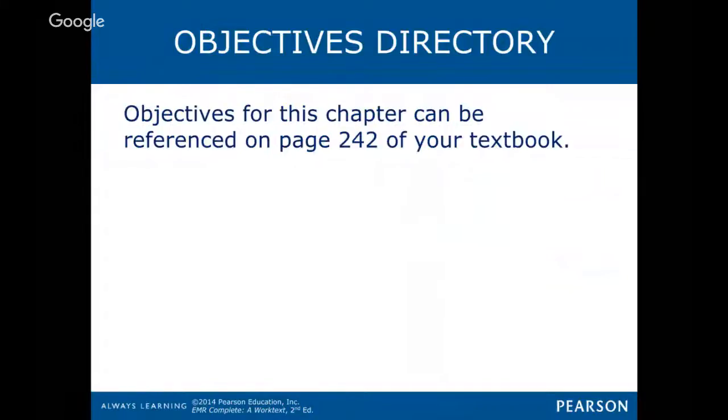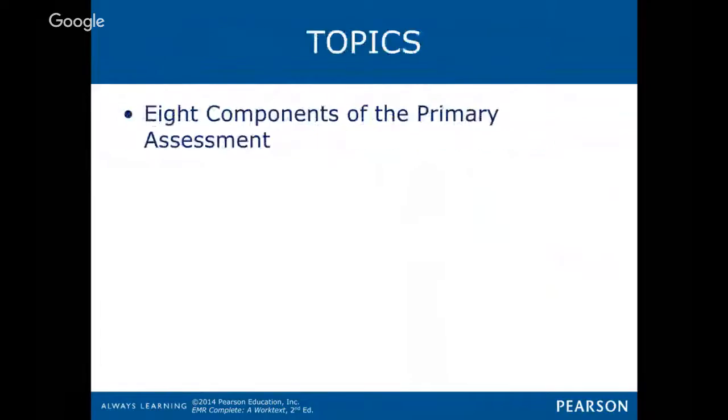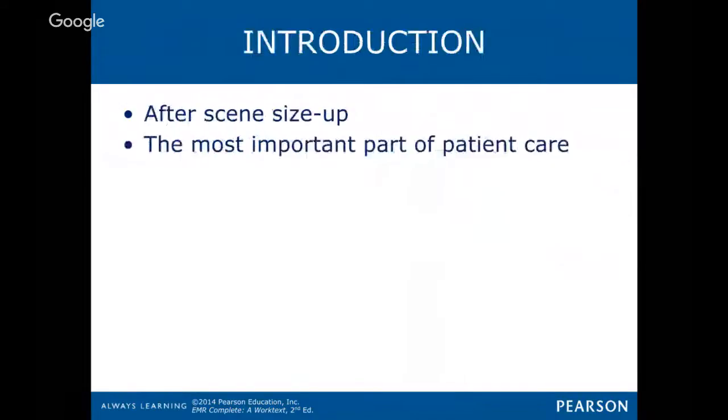Topics: eight components of the primary assessment. I might have said some of them as I was complaining about the national registry. Sorry about that. So, after the scene size-up, the most important part of patient care.